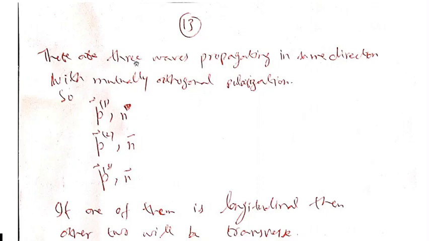This is written: there are 3 waves propagating in the same direction with mutually orthogonal polarization. Polarization means mutually orthogonal principal directions, eigenvectors. So it means that we will have 3 pairs, and with the help of these 3 pairs we will define our waves.